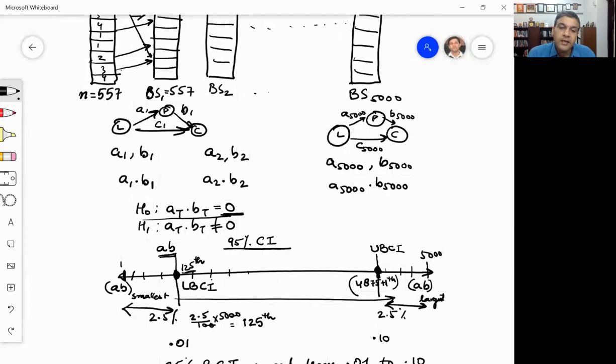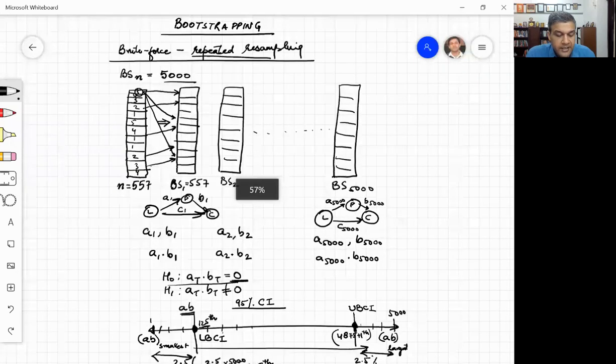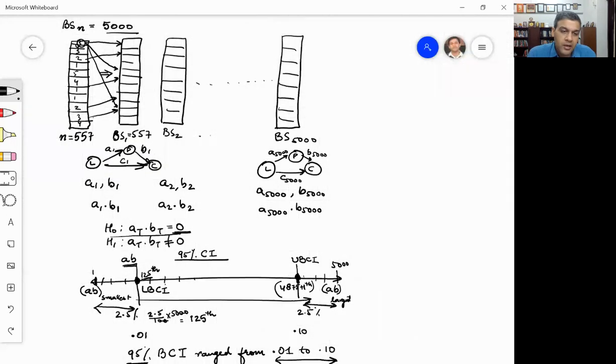It is creating multiple models, okay, and it does not make any assumption about normality in testing for the significance of your coefficient.